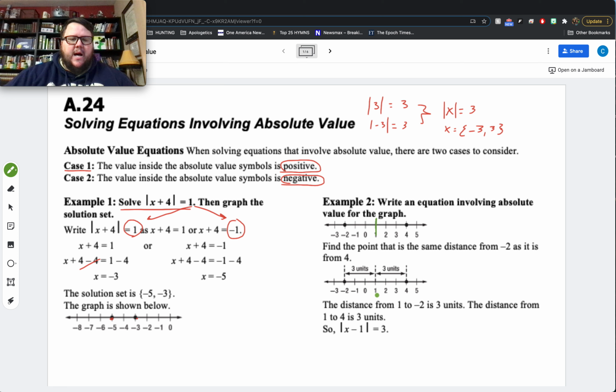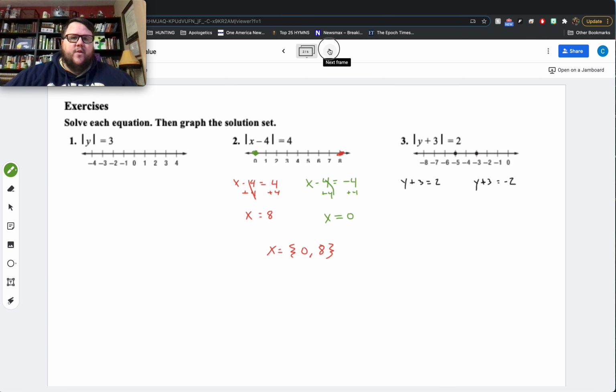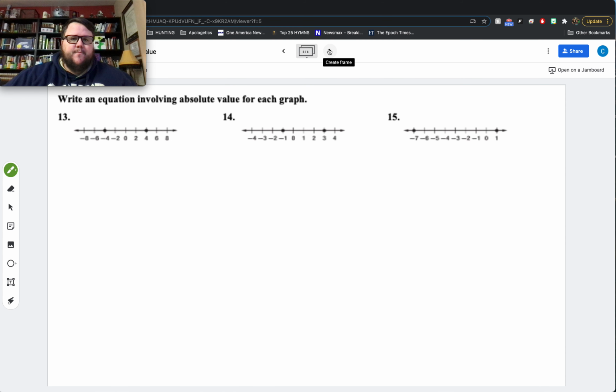So this is +1. So it becomes absolute value of x minus +1, +1 equals, and then whatever the units are is my answer, 3. So I'm going to go ahead and do that with you, and that would be my answer. And so I'm going to go ahead and do that with you for a couple of these.